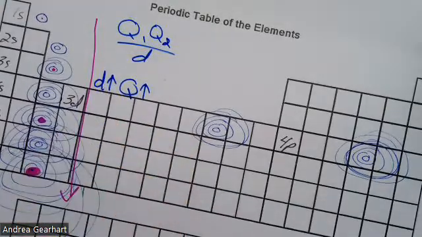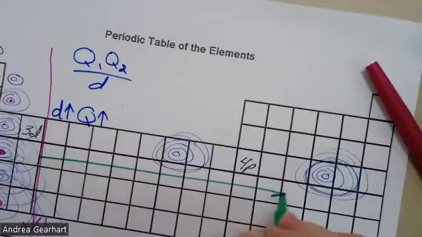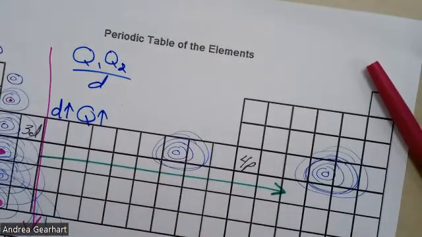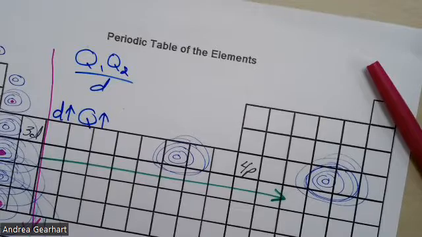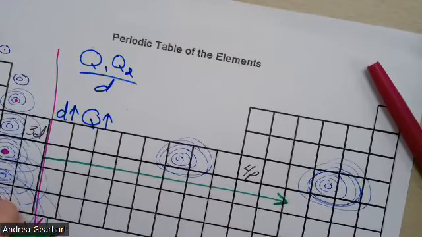How about across a period? D: increase, decrease, stay the same. So if we're doing the fourth, adding electrons to the fourth, go into the 3, 4th.